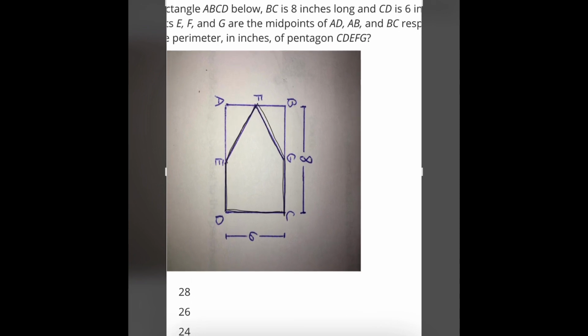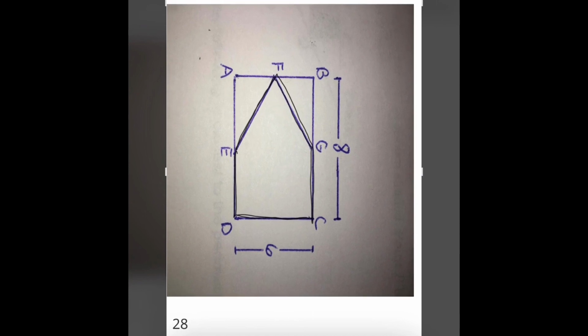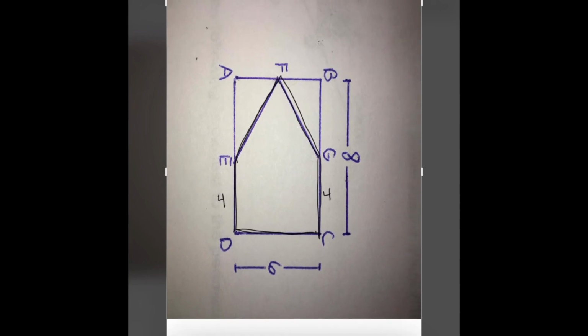So I'm going to use the right and the bottom side of my rectangle to figure out the side lengths. Well, I know ED is 4, GC is going to be 4, CD is 6. And let's figure out what FE and FG would be. Well, let's use this right triangle up here. I know this is 4. Since F is a midpoint, I know this is 3.